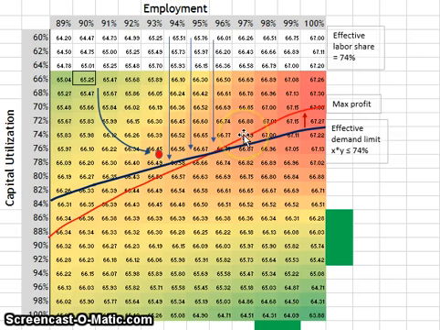The businesses and firms are increasing profitability even as it's pulling away from the effective demand limit, which explains why recessions don't occur as the economy is pulling away from the effective demand limit. There's still increasing profitability. It's only when it starts to fall backwards that you get the recession. There is no recession as you're pulling away from the effective demand limit, the blue line here, and going up this profit maximization line.